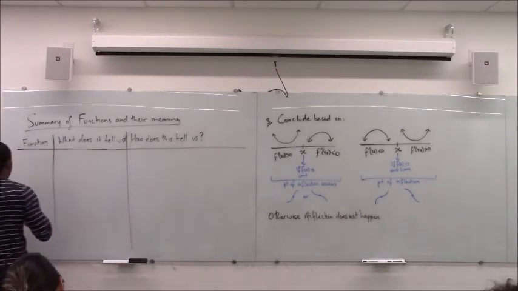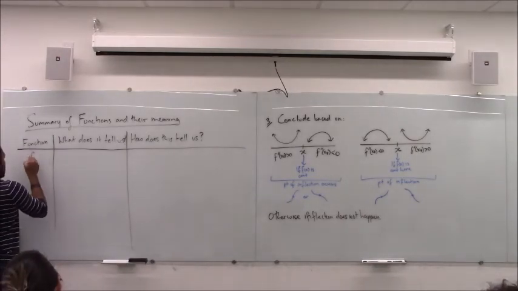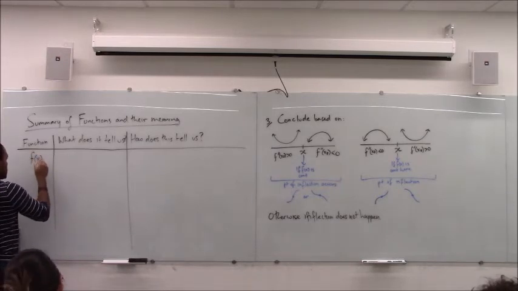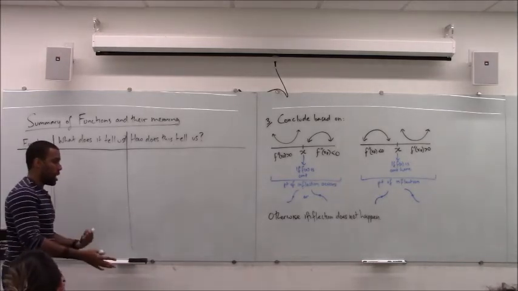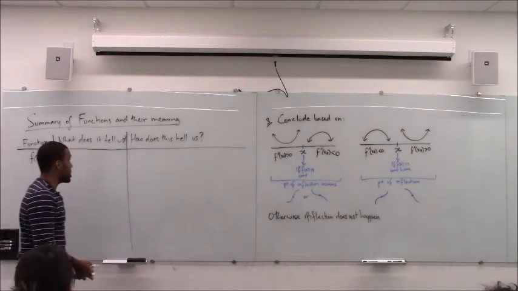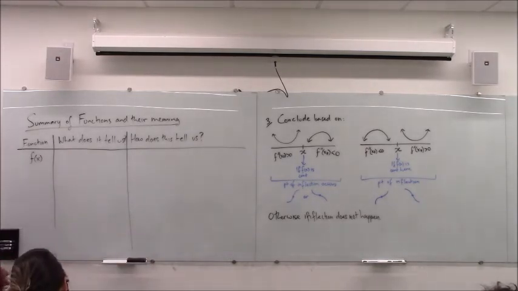So, for example, you can have a zeroth derivative, an original function, f of x. So if I tell you f of x equals blah, what information can you get from f of x? What kind of info?